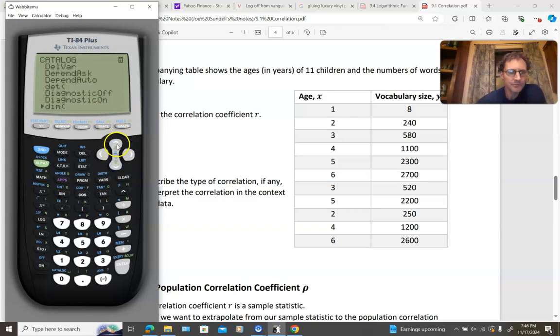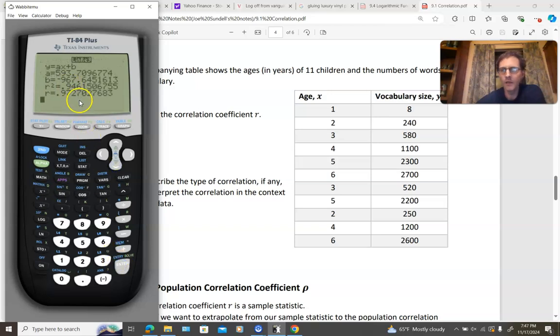Yeah, so I think by default it's turned off, so you need to come down here and click enter to turn it on. So click enter again, and when it says it's done, whenever you do that linear regression again it should give us the value of R. So let's try it again. Come over here to calculate, go down to number 4. I'm using list 1 and list 3 again.